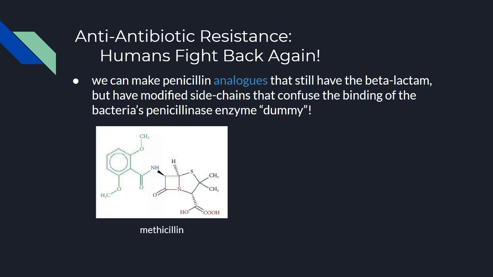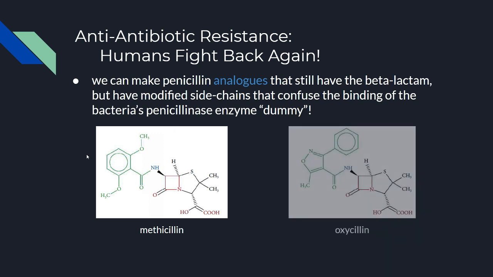So on the left here is methicillin. Notice here's the square thing, but then on the left we added some stuff to it. And then on the right side, a little bit different, but it still has the square, and then we added again more stuff on the left side. And this is a way to confuse the dummy enzyme.